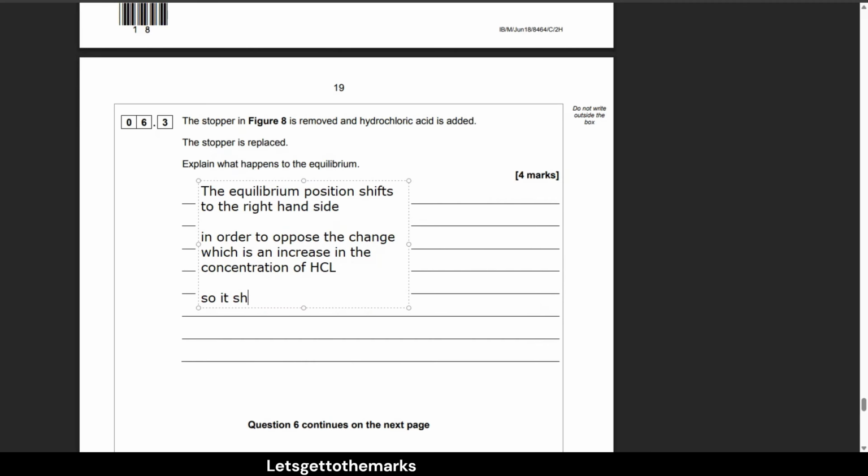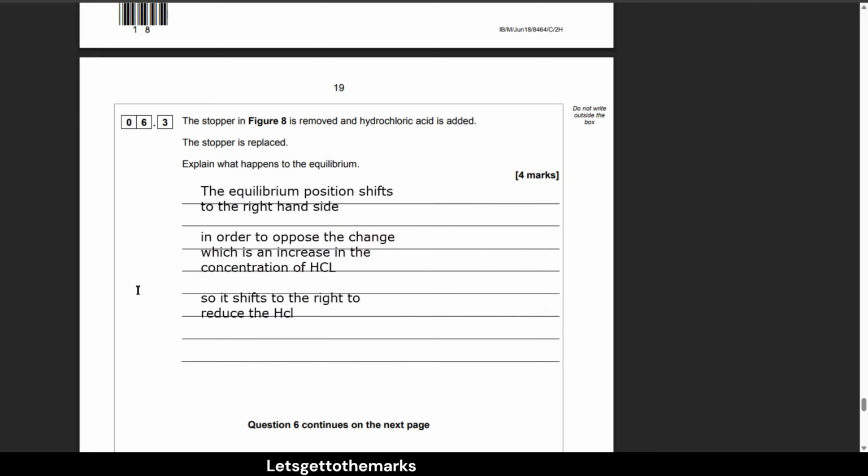So it shifts to the right to reduce the HCl. It was a bit long, that, wasn't it? So essentially, the HCl will decrease the concentration.